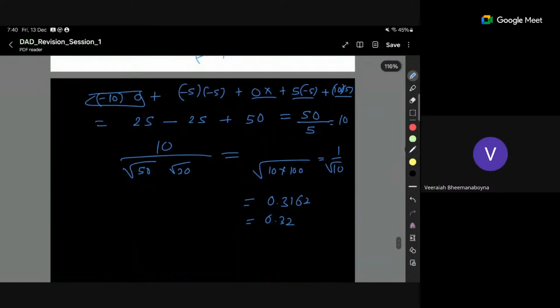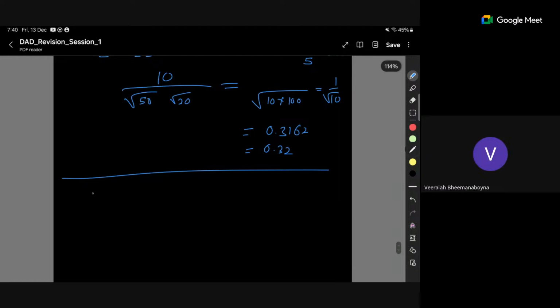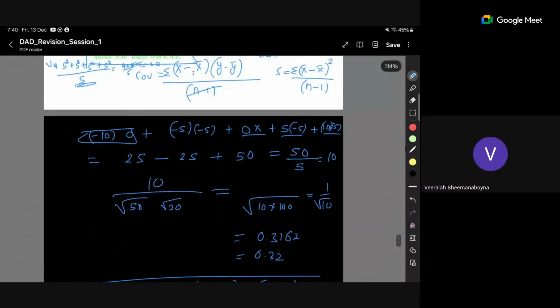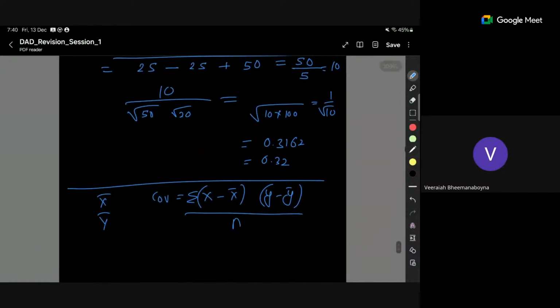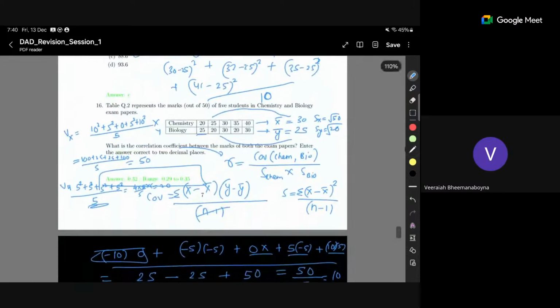So to summarize, what I did is I first found the mean of both, right? Then you can say I figured out first the standard deviation. You can go with covariance also. So covariance I'll figure out, which is x minus x bar into y minus y bar. Summation of this, I did multiplication with summation, and then divided by n or n minus 1. Your choice, you either take sample or you take population.